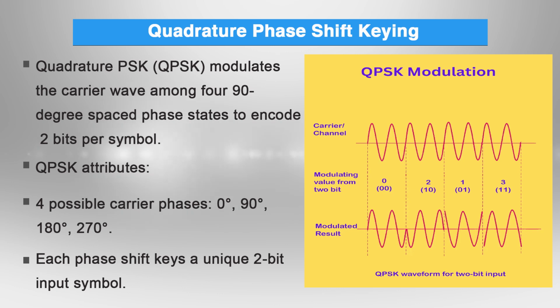Each phase shift keys a unique 2-bit input symbol. It has double the bits per symbol compared to BPSK. Symbols can map to bit pairs directly, and it provides higher spectral efficiency over BPSK.